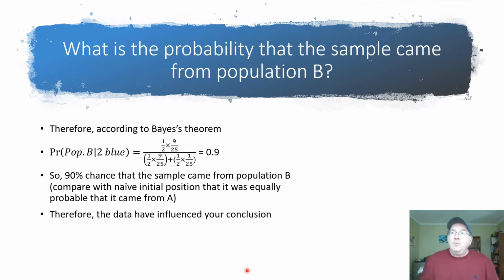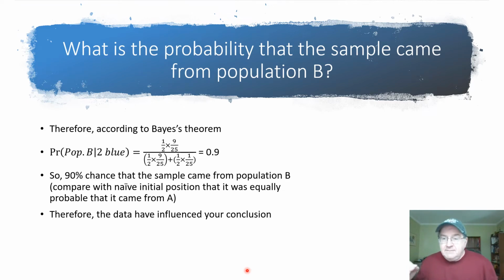Another way to phrase this is that we started out with a totally naive expectation. We didn't know if they came from A or B. Could have been either one, equal probability. I have no reason to think that they more likely came from one population than the next.